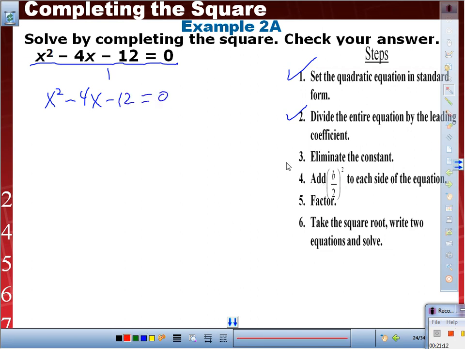Step 3. Eliminate the constant. Do that step, please.